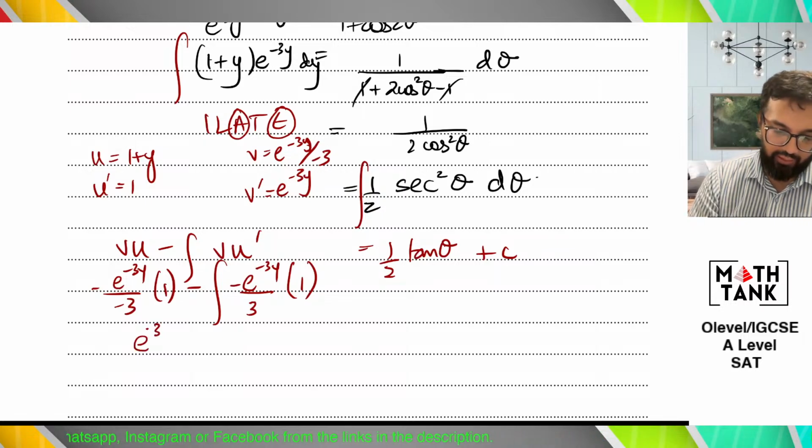So e power minus 3y over 3 plus e power minus 3y over 3.